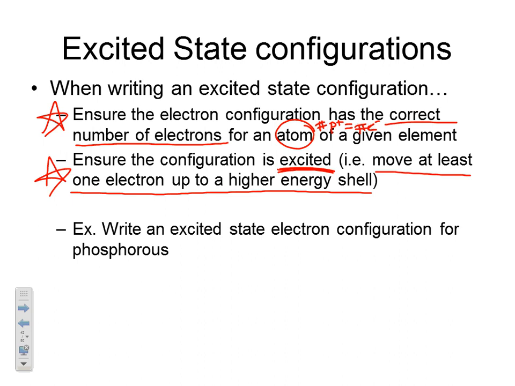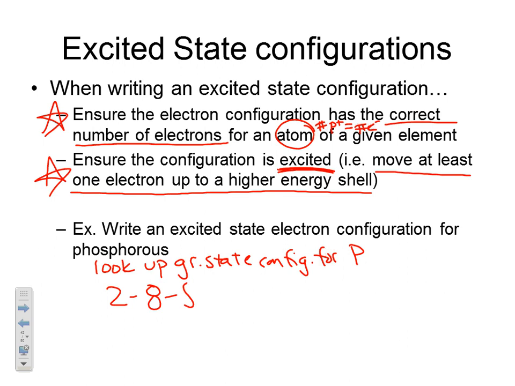So let's start by looking up the ground state configuration for phosphorus. That's just right off of your periodic table, and you look it up, and it's 2-8-5. Now there's a total of 15 electrons in this configuration, so we need to maintain this. So this is ground. That's not our answer because we want excited state.